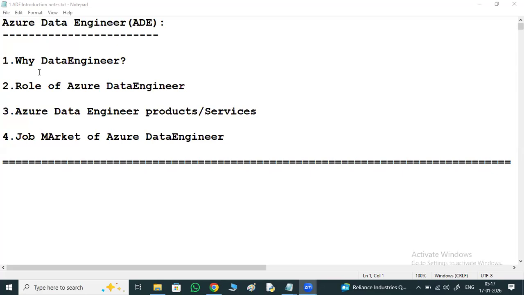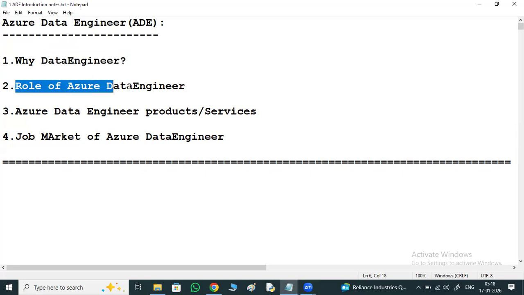As compared with the ETL developer, a data engineer should be able to work with all varieties of data: structured data, unstructured data, semi-structured data, NoSQL data, and streaming data, in all formats and all types of data.